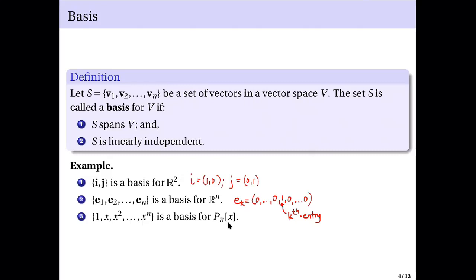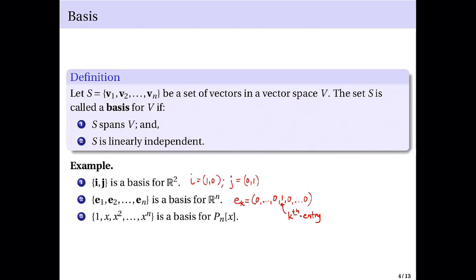So the question is, are there non-standard bases? And probably the more important question is, is this basis unique? The answer to that question is no. There can be many bases for a vector space.